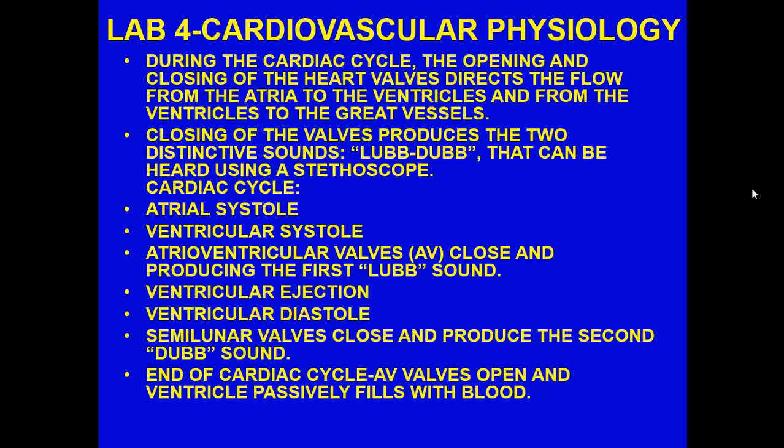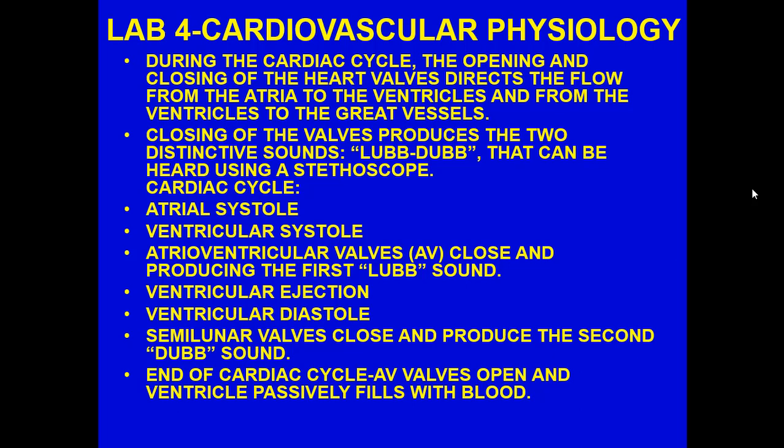When we look at the cardiac cycle, we will note the atrial systole, ventricular systole. The atrioventricular valves, the AV valves, close and produce the first lub sound. The ventricular ejection and ventricular diastole, the semilunar valves will close and produce the second dub sound.